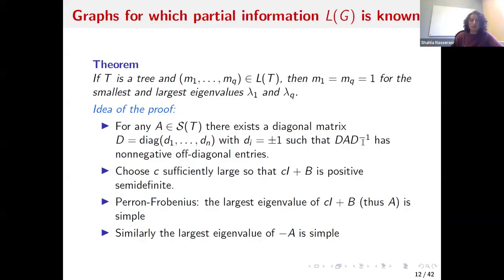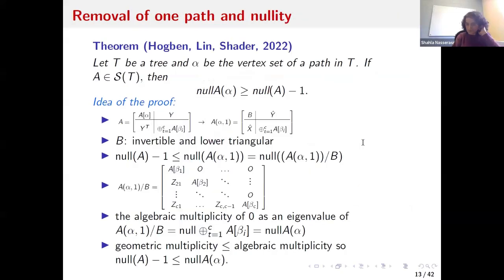And now we can use the Perron-Frobenius theorem to say the largest eigenvalue has to be simple. But all of this also applies to the negative of whatever we did. Therefore, the smallest and largest eigenvalues must be simple for any tree. So that's one piece of information that we have in the case of trees.